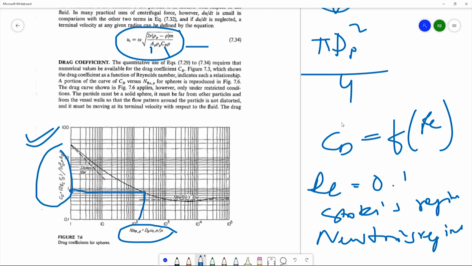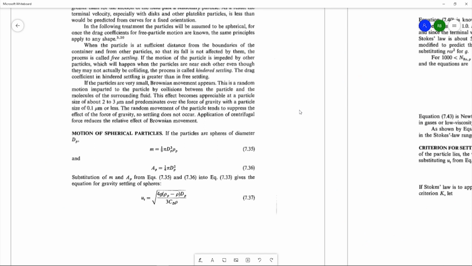centrifugal field. Okay. So there are two kinds of settling regime. Settling regime in the sense how the particle is settling through the fluid. Okay. So one is called free settling, and another is hindered settling. As the name suggests, free settling means there is no obstacle to the particle. Suppose this particle is moving through the fluid and it is away from the wall.